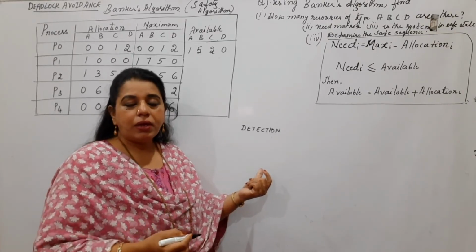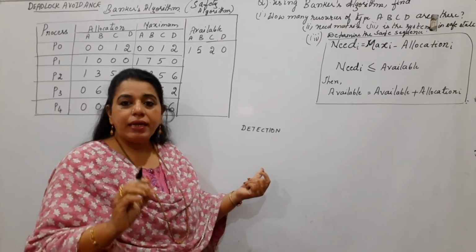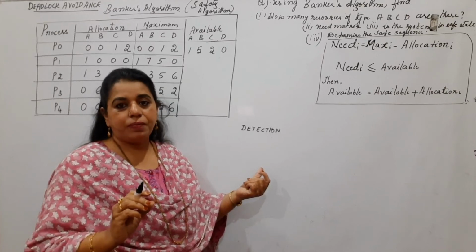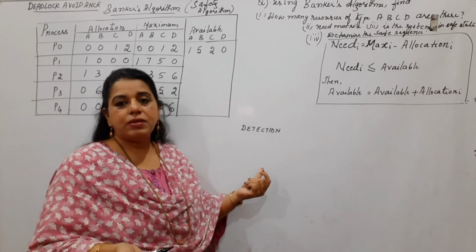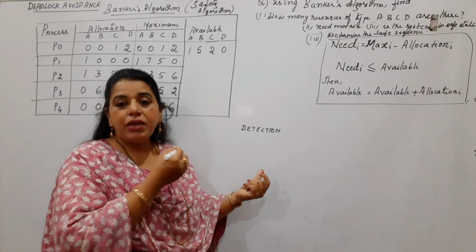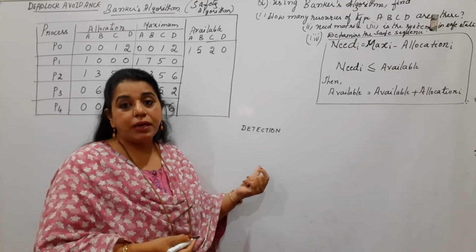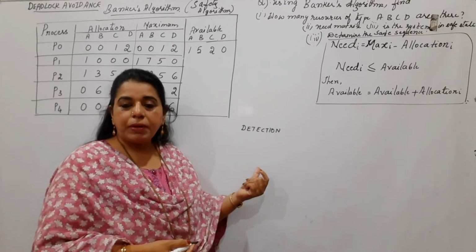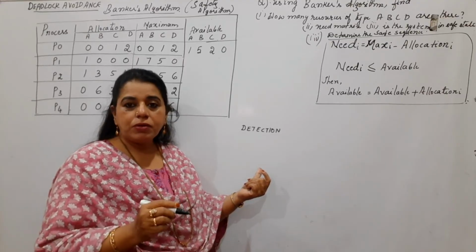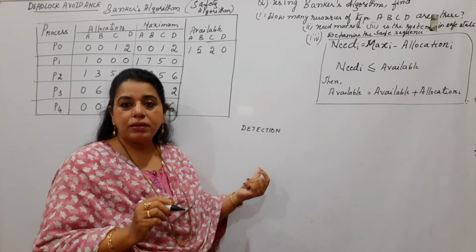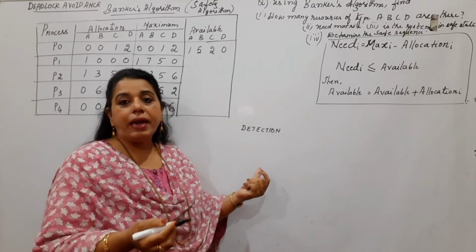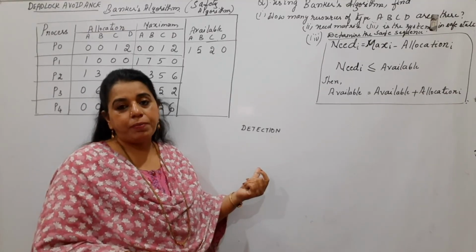But that is okay if you have a very small number of instances for a resource. If you have a larger number of instances for a particular resource, then we need to go to the next topic called deadlock avoidance. So in this particular algorithm, the system also checks whether the system can be in the safe state after granting the request made by the different processes.